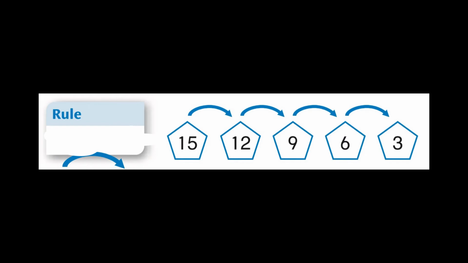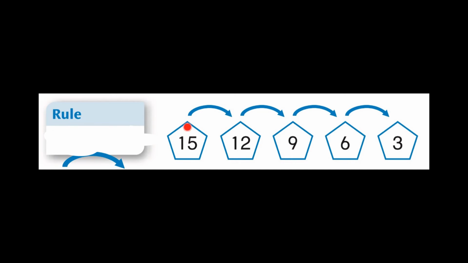Now, sometimes they're going to give you all of the frames filled in, but you have to figure out the rule. Well, I got to look at this is a tricky one. What's happening? Are my numbers getting bigger or smaller as they go? They're getting smaller. How much smaller are they getting each time they go?